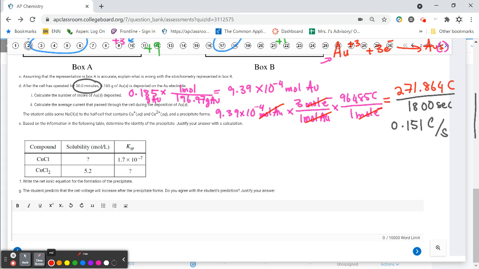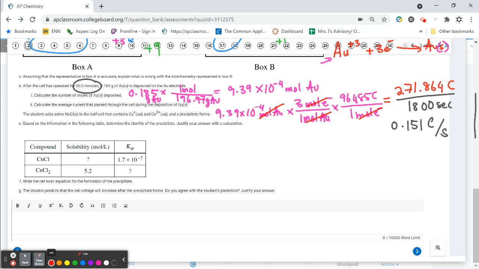Here's a reminder: KSP values between ionic compounds cannot be compared if they do not generate the same number of ions. Copper 1 chloride generates 2 ions, copper 2 chloride generates 3 ions. The KSPs cannot be compared. However, their molar solubilities can be compared because molar solubility for both is like the X, and that's one ion solubility, so you can compare the solubilities.